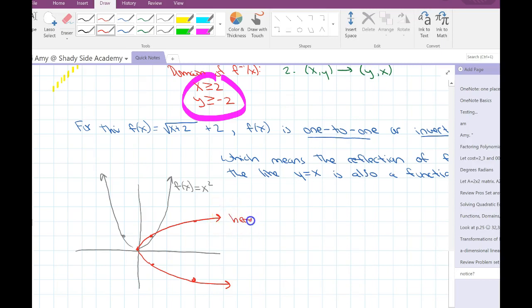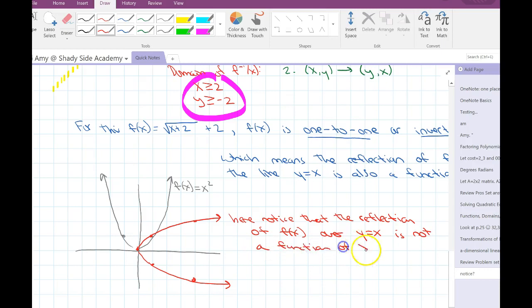So here, notice that the reflection of f of x over y equals x is not a function of x. Okay, so f of x is called not one-to-one or not invertible.